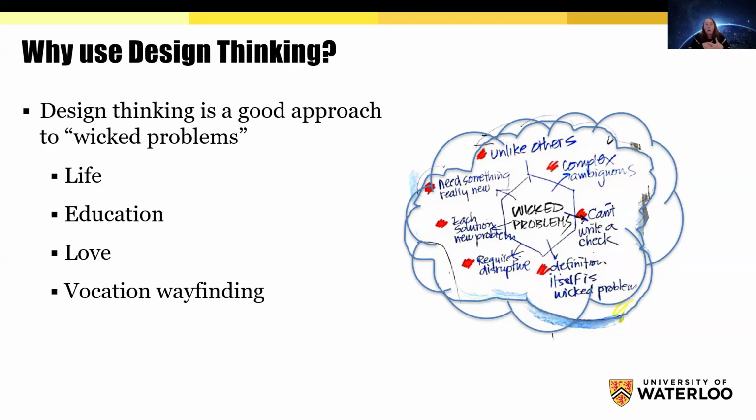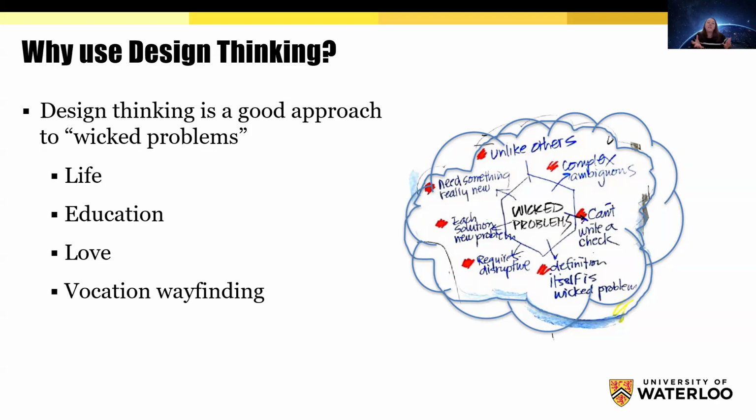So, a wicked problem in general is basically a complex, multifaceted problem that doesn't really have one clear solution. Examples of wicked problems are things like life, education, finding love, vocation wayfinding, poverty, and climate change.